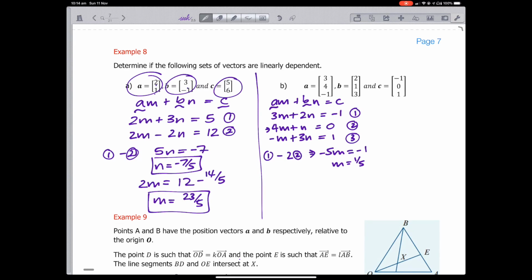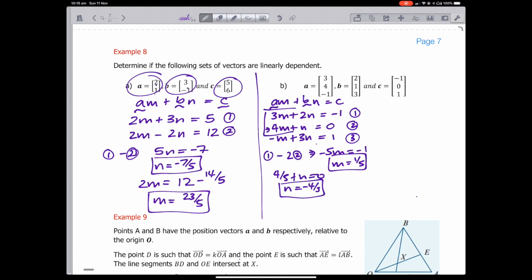Okay, let's use these two equations again, where you need to see if m equals 1/5, what does n equal? So let's put into number 2. 4/5 plus n is equal to 0. So n is equal to negative 4/5. Okay, so that satisfies those two equations. m is 1/5, n is negative 4/5.